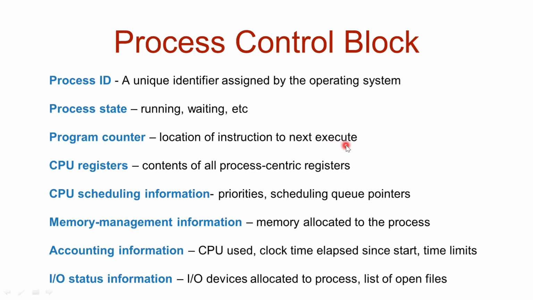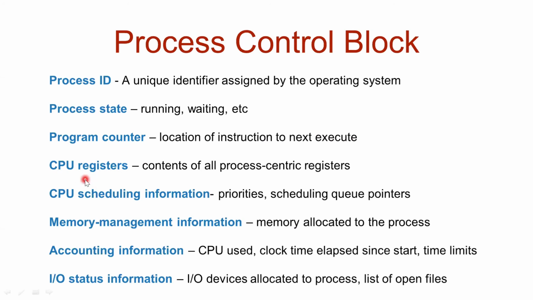Now, the state of a process whose execution is relinquished by the CPU has to be saved. Program counter will store the address of the next instruction from where the CPU will execute it when it is reassigned to the CPU by the scheduler.